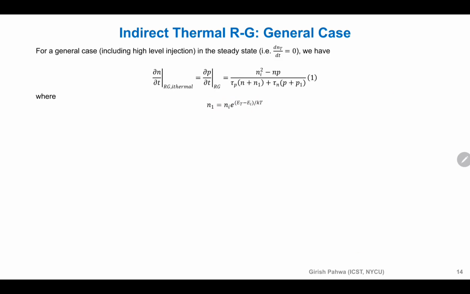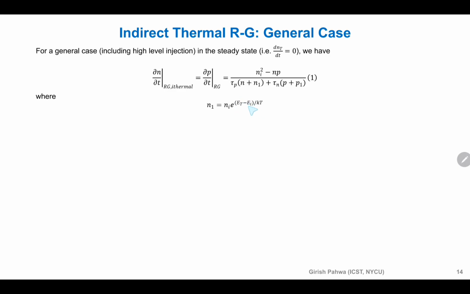If it is too far, if Et minus Ei is too far, then N1 will be large. If Et and Ei are close, then N1 will be small. And because it appears in the denominator, it will have the opposite impact. So if my N1 is small, then these rates will increase. It means these mid gap levels, if my Et is equal to Ei, then N1 will be the least possible value.